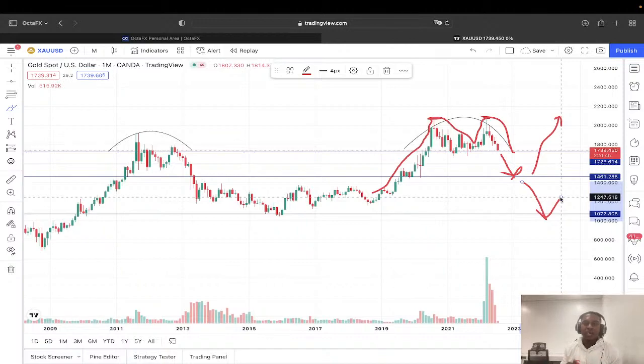But there is one thing about gold that needs to be studied. Gold is one of the assets used to hedge against inflation.